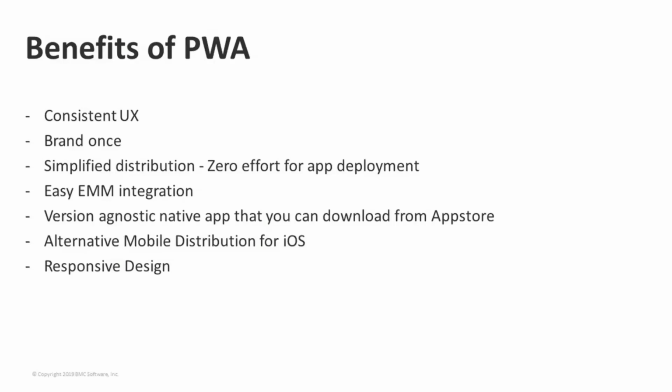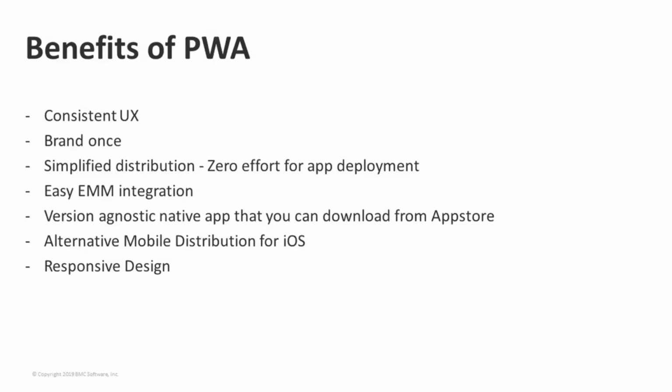It is version agnostic. We have a native app which is used as an alternate mobile distribution for iOS. We'll cover more details about why we did this in the upcoming slides. When it comes to using the app on mobile, it is a version agnostic app.